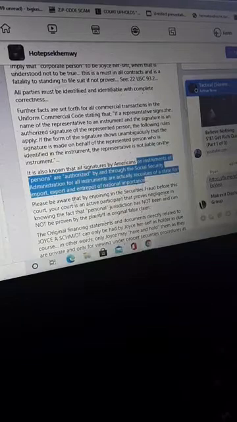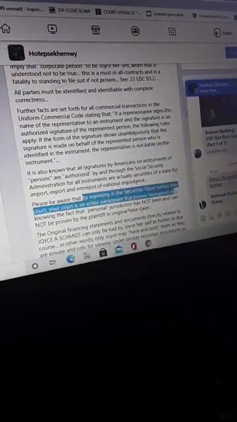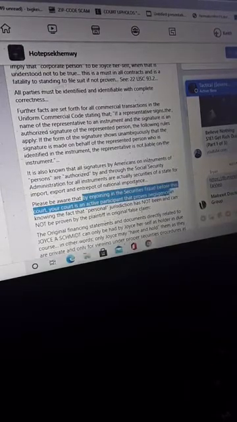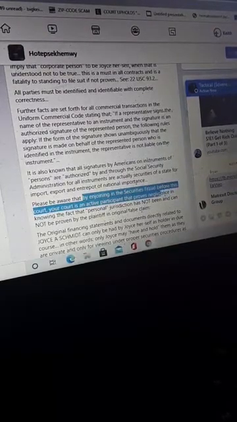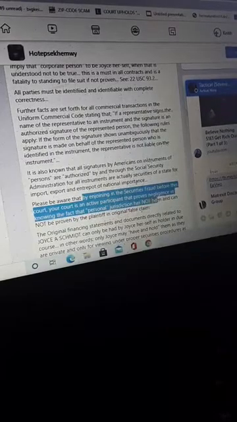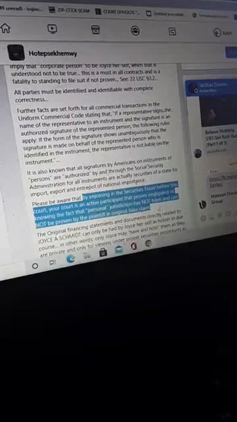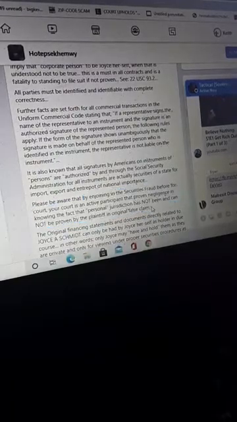Please be aware that by enjoining in the securities fraud before this court, your court is an active participant that proves negligence in knowing the fact that personal jurisdiction has not been and cannot be proven by the plaintiff in original false claim.